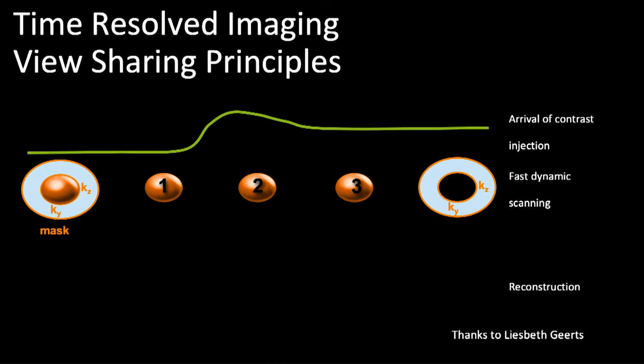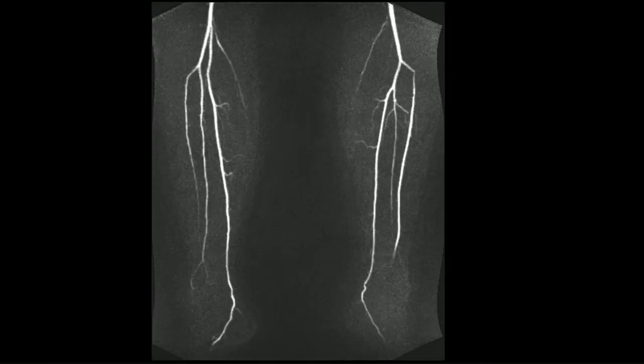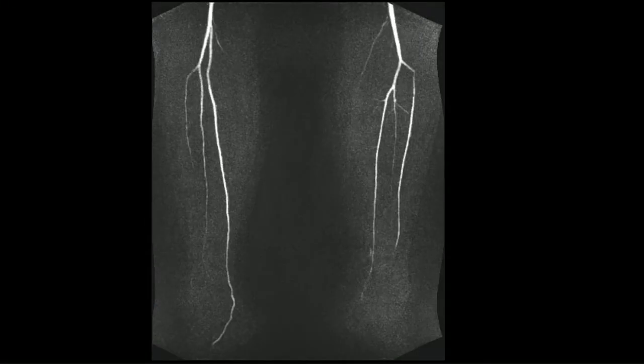Then we can share the peripheral edge information from multiple different acquisitions and subtract that from our mask to create these very nice time-resolved DSA type images.